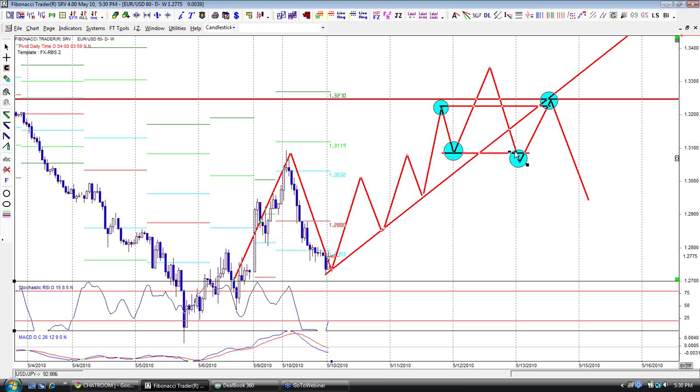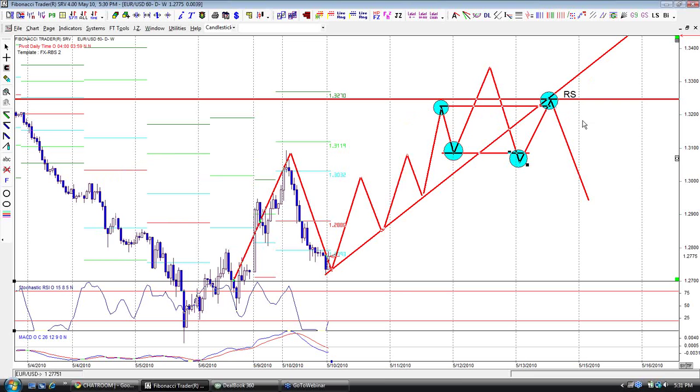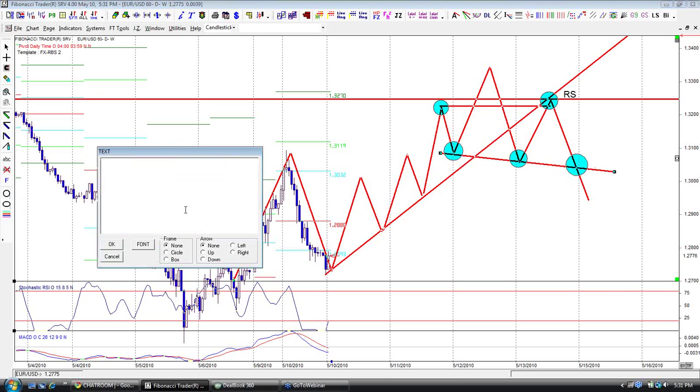And then price will form the right shoulder, and here at the right shoulder is where we like to enter. Now, of course, there are all different kinds of strategies. You can also enter at the break of the neckline, and this is the neckline, correct?